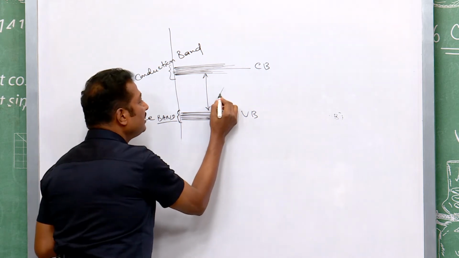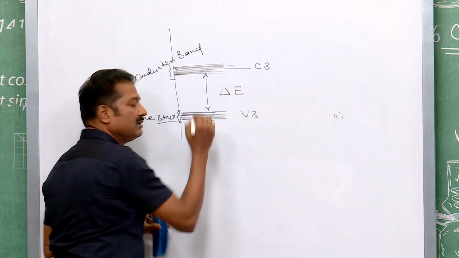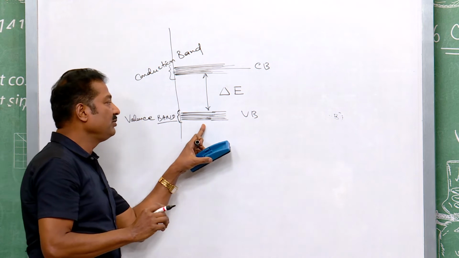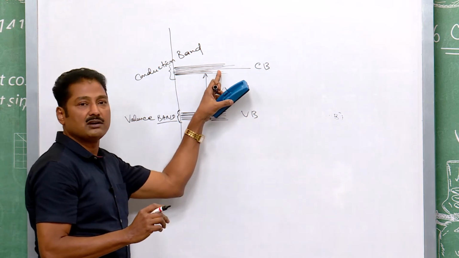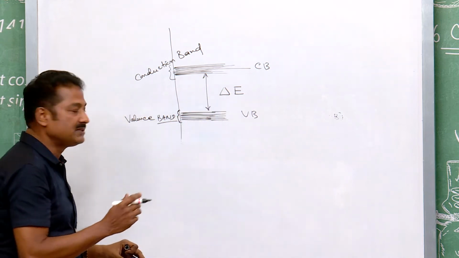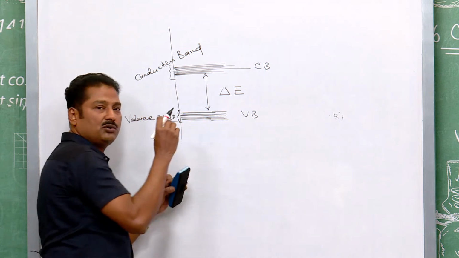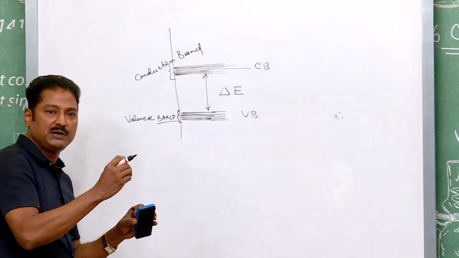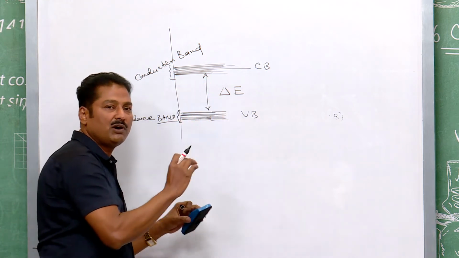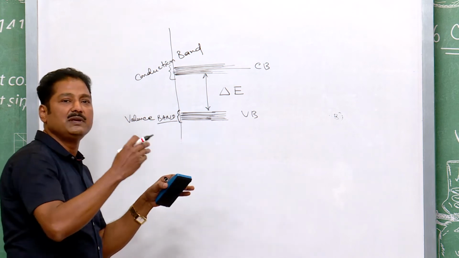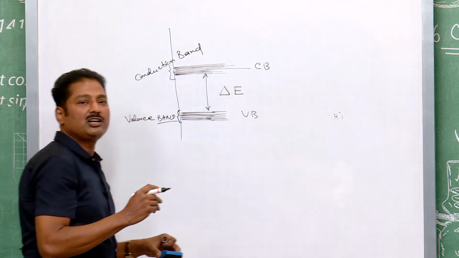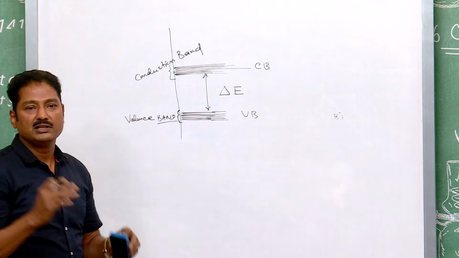That energy I may represent by delta E. This is your band gap, the gap between the valence band and the conduction band. If the band gap is more, it is difficult to detach the electron from the valence orbit and send it to the conduction region. If the gap is very small, the valence electron can easily be detached and go to the conduction level. So, the gap decides the conductivity of a material. We will come to that later.